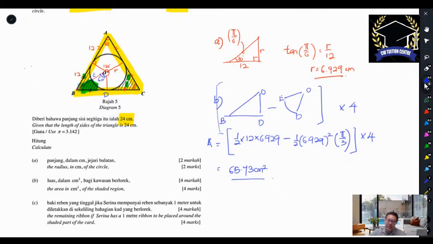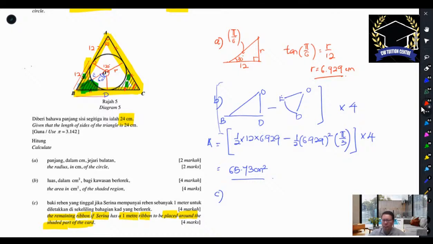Then part C. The remaining ribbon if Serena has a meter of ribbon to be placed around the shaded part of the card. The question is saying that I have 1 meter of ribbon and I want to place it around the shaded part, 12 and 12 and this arc, and double it, and what is left?